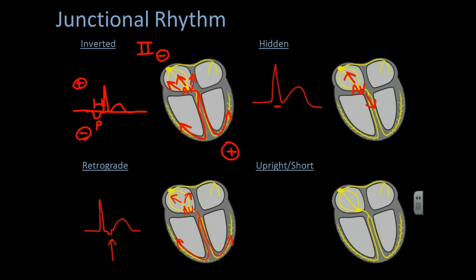Now, upright and short. This can get a little confusing, but what's happening here is this. This is the SA node, and the patient's in sinus rhythm, and it starts depolarization. SA node starts depolarization.